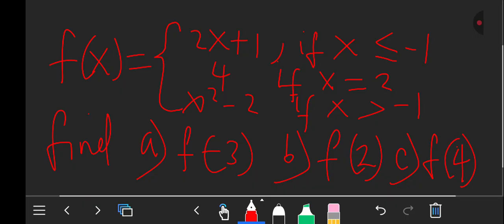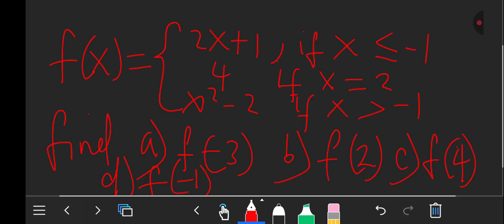Okay, so this is what we have. Let's have d, f of negative 1. So how can you evaluate this piecewise function? Let's begin.